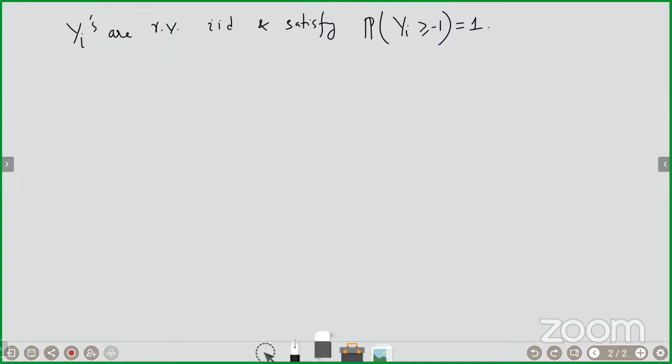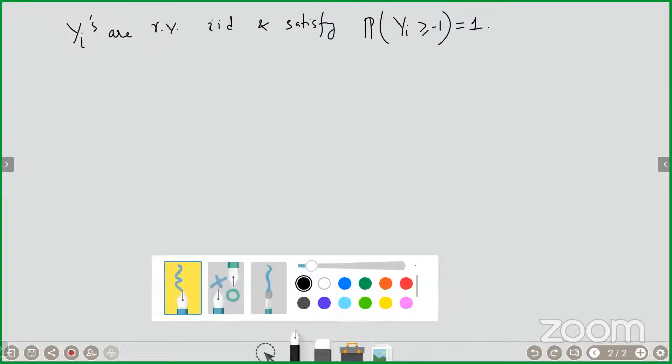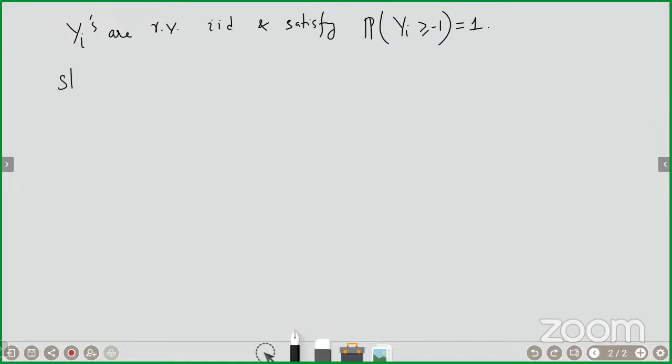Now the starting point. This is more to define a completely new process. Let's suppose the starting point is k, and extend: k plus y1 plus y2, and so on.